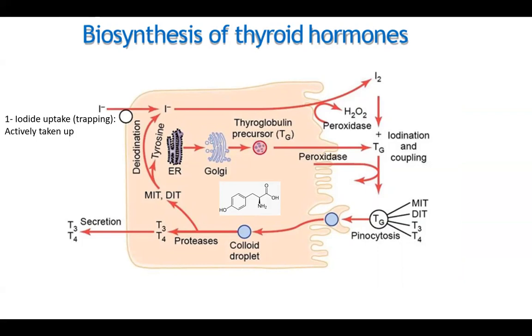What do we mean by actively taking? Against the concentration gradient, right? The thyroid gland is very favorable to uptake of iodide. Then it has to be converted to iodine, back to I2, which is oxidation.